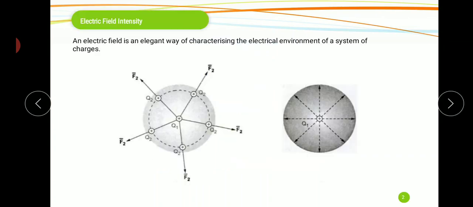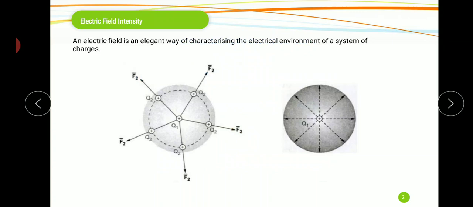In the previous session, we discussed Coulomb's law: the force of attraction or repulsion between any two charges is proportional to the product of the two charges, and inversely proportional to the square of the distance between them.